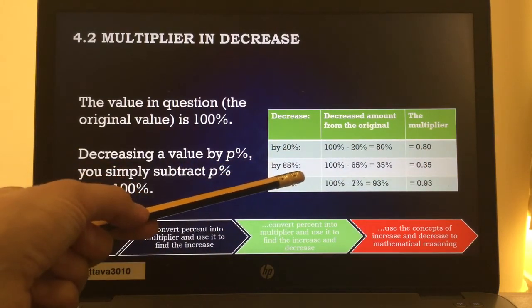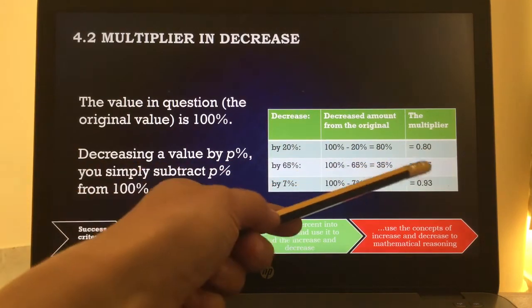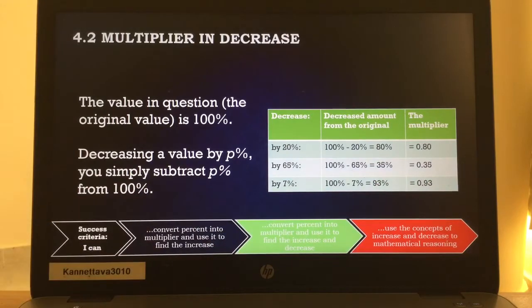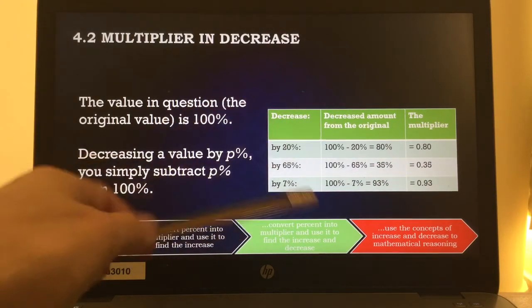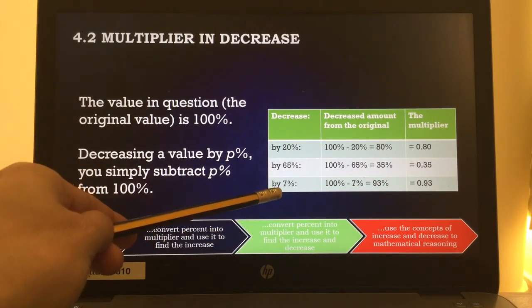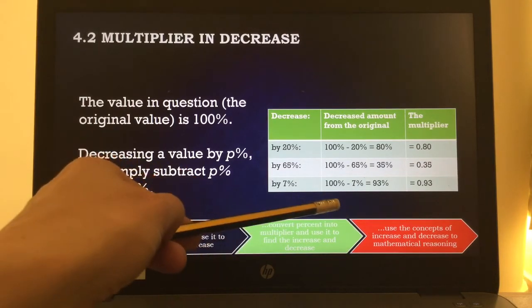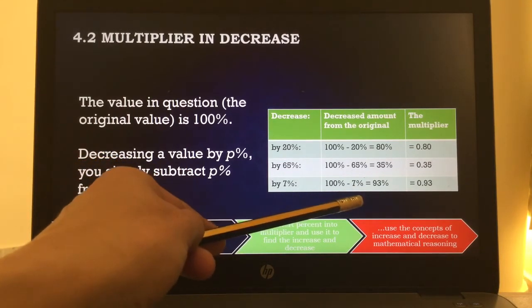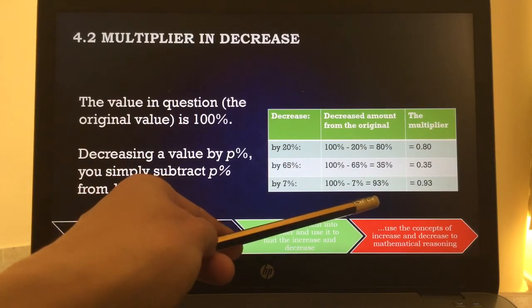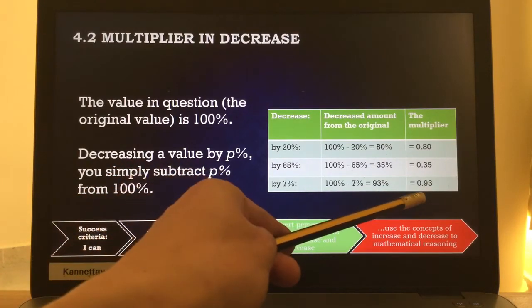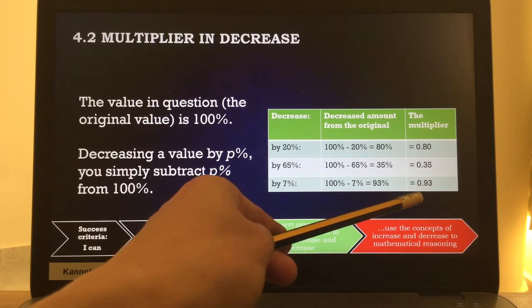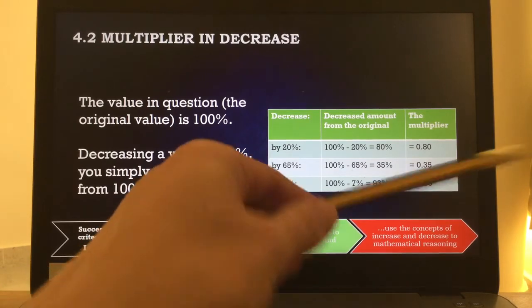For 65%, similarly, we get 0.35, and by 7%, 100 subtracted by 7 gives us 93, and the multiplier will be 0.93.